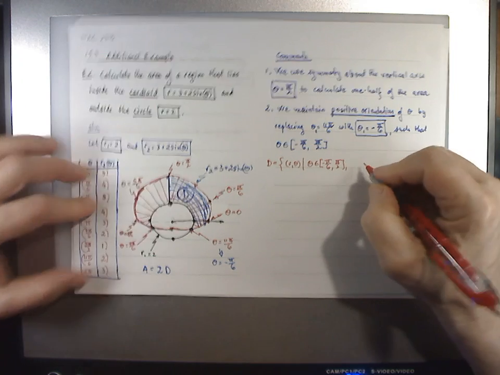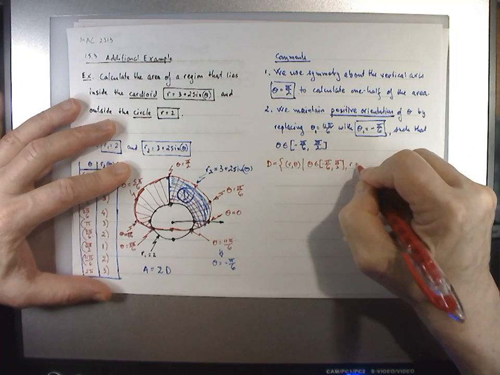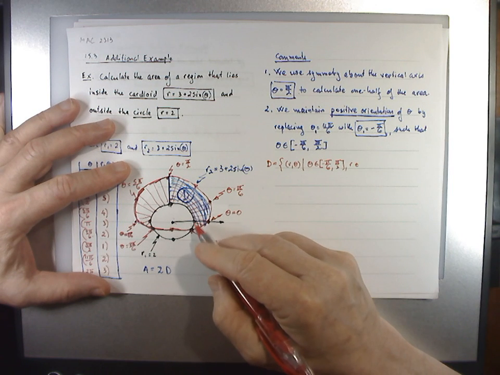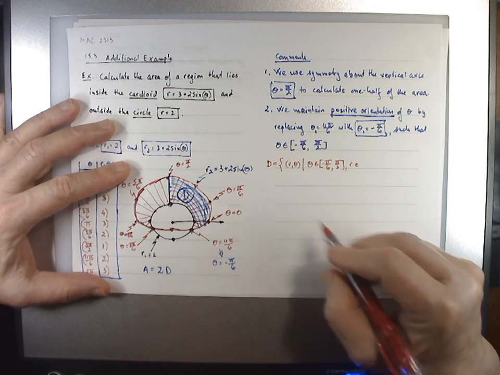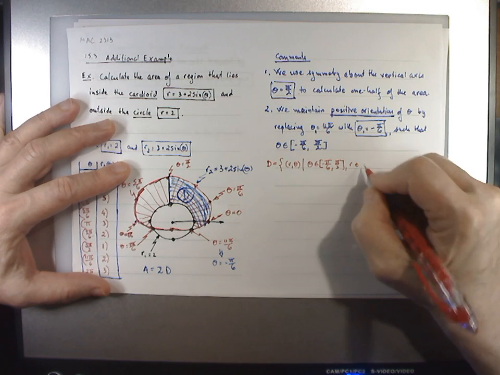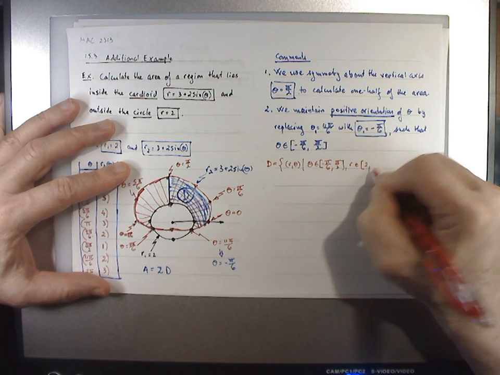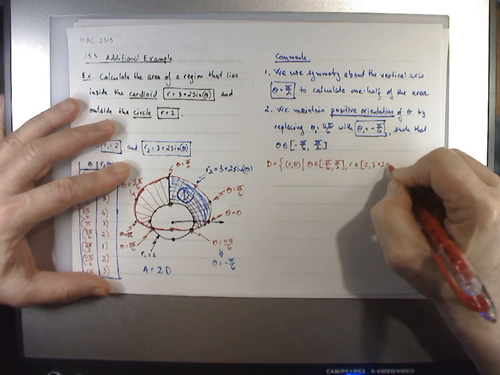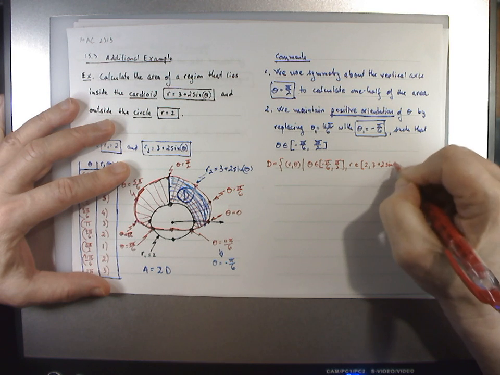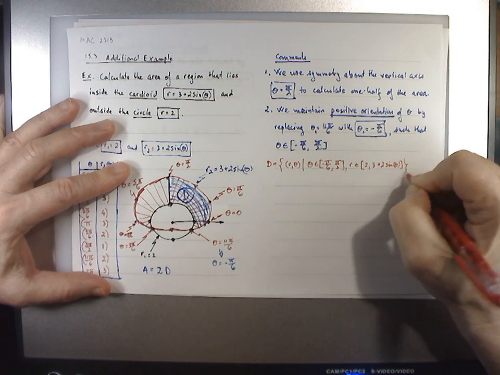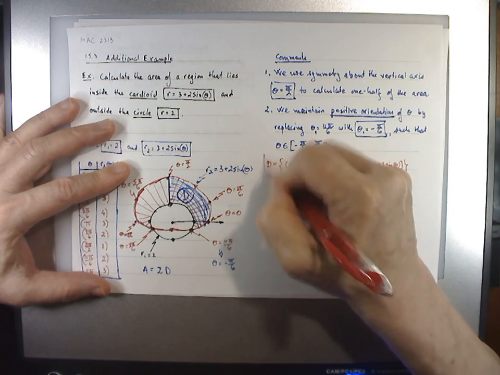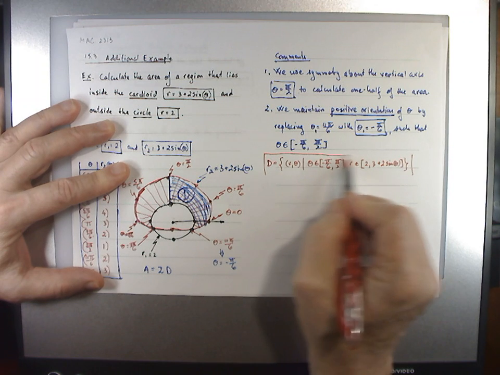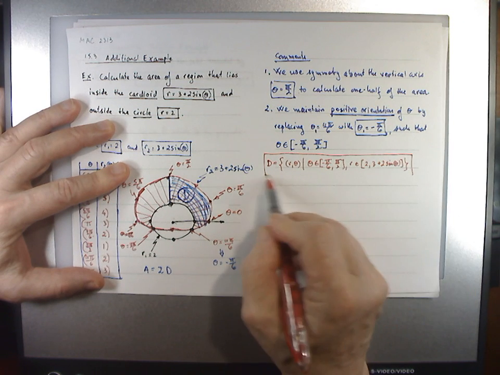What about r? Well, r will run from the lower boundary, from the circle to the cardioid. The circle is 2, and the cardioid will be 3 plus 2 sine theta. And here's where we win the battle, just by setting the boundaries in a proper manner.